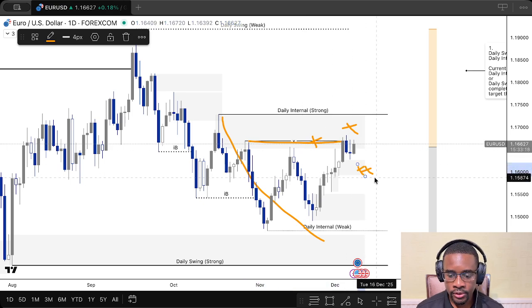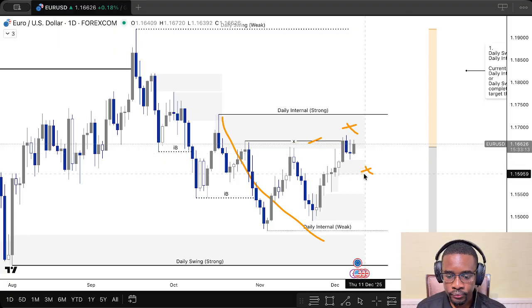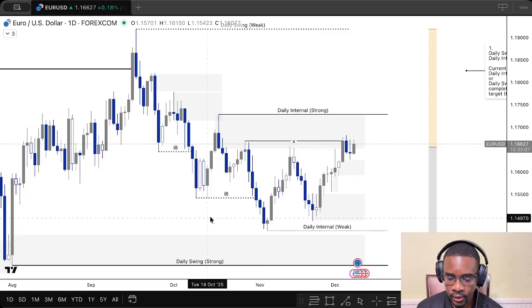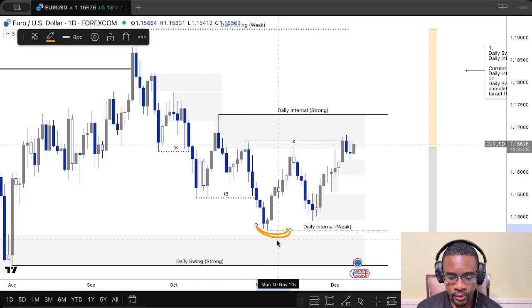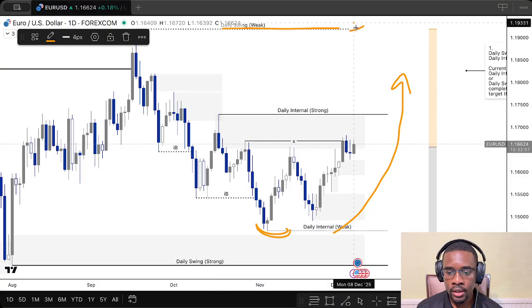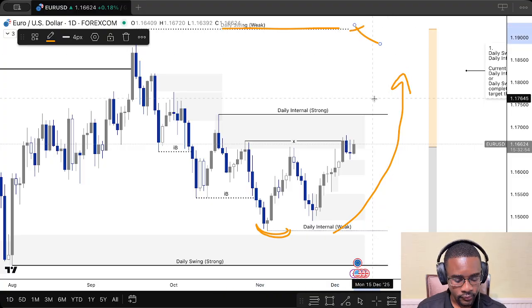So it is only a fractal high break. The expectation now could be that we have already printed our higher low, and now price is ready to go up and attack the daily weak swing high.